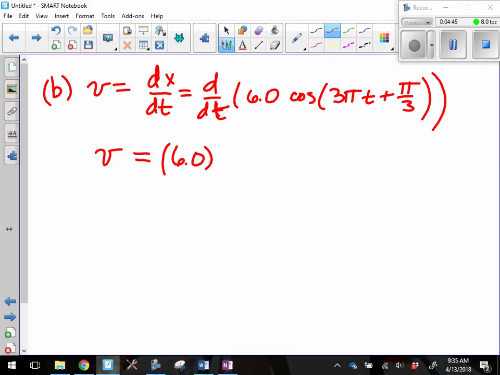And what's the derivative of cosine? Negative sine. So it's going to be negative sine of 3 pi t plus pi over 3. But then what do I have to do? I have to take the derivative of what's inside, which is going to give me 3 pi.